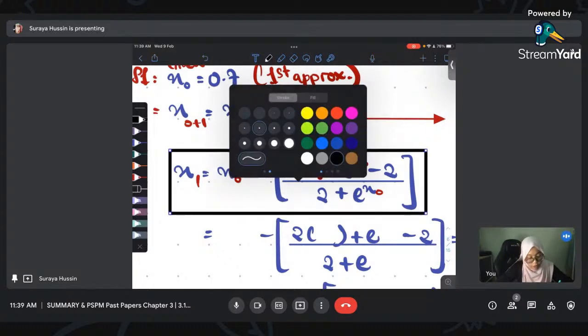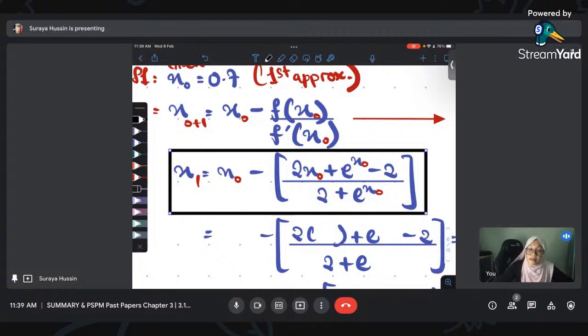My style is asking you to write down x0 very, very nicely. Pada mana? Pada function f dan juga pada function f prime. I need you all to write it. Kalau kamu tak tulis sekarang, Miss minta tulis sekarang. I need you all to write this sebab kita akan type this equation di dalam calculator.